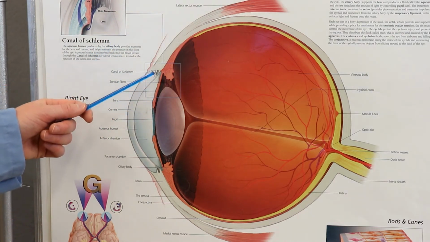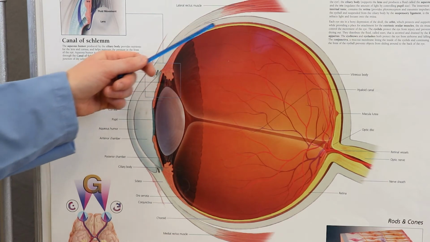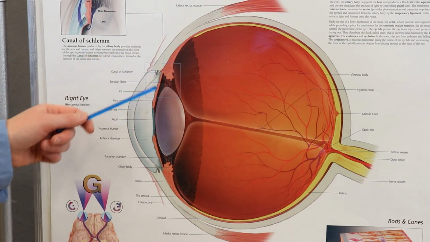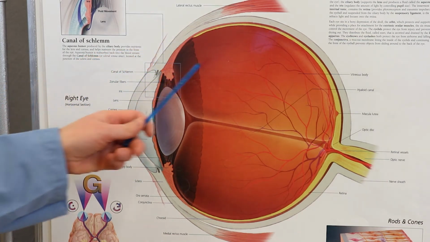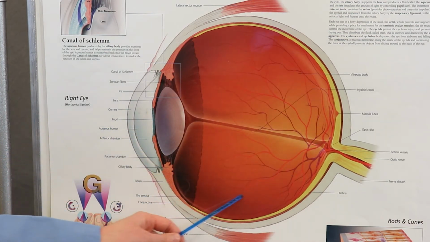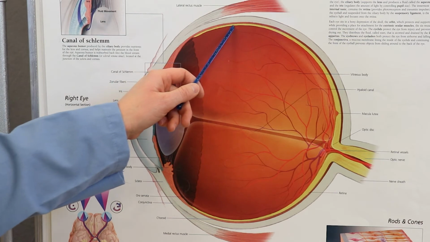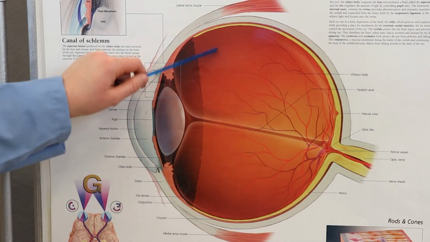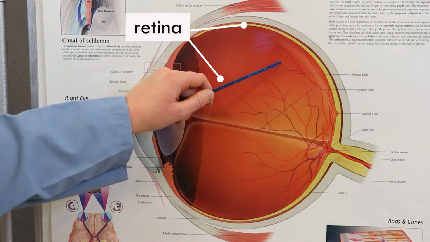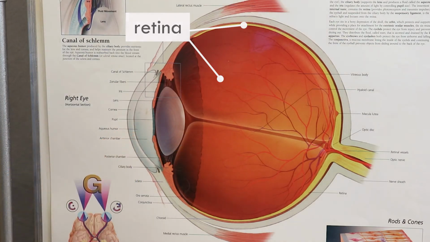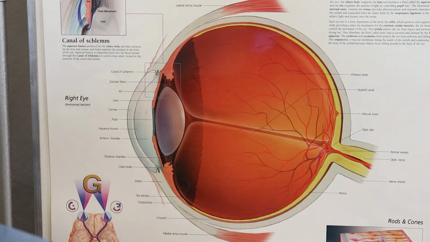So we've talked about most of the structures here of the ciliary muscles and so on. And then this whole inner area here. So this whole area that is shown in yellow, and then all of this internal part is the retina, which is the part of the eye that actually contains photoreceptors, which will detect light.